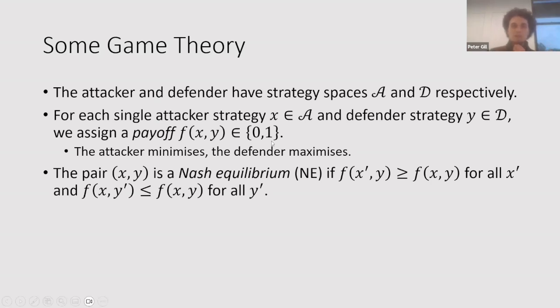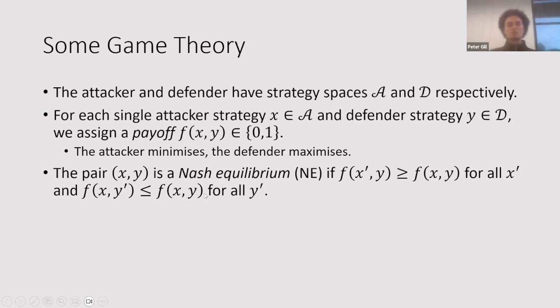In our case, it's either 0 or 1: 0 meaning no interdiction occurs, 1 meaning an interdiction does occur. You can always think of the payoff as the probability of interdiction. We'll get into mixed strategies later. The attacker wants to minimize that probability of interdiction, and the defender wants to maximize it.